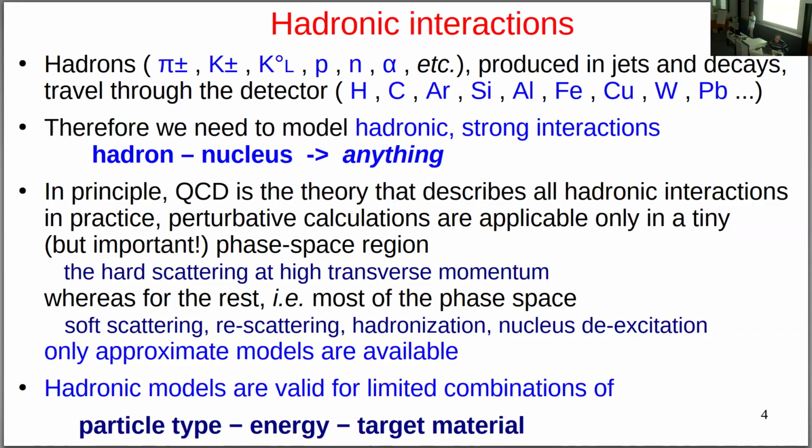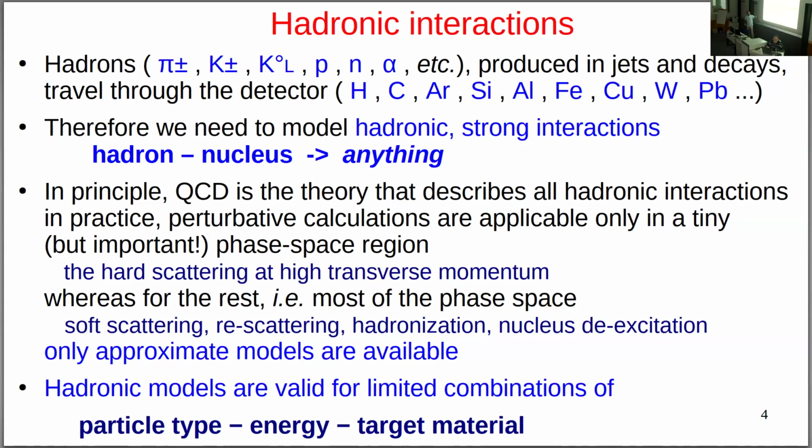But of course, for the sake of detector simulation, we need to model the whole phase space, not only this narrow, although important, part. And basically, as of today, we need to use hadronic models, not the QCD theory, but models, which are really approximations, sometimes very rough approximations.